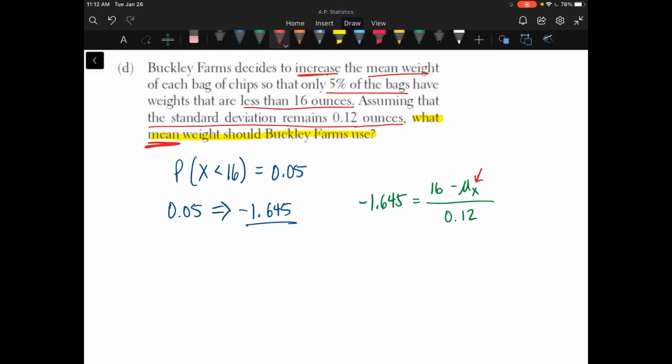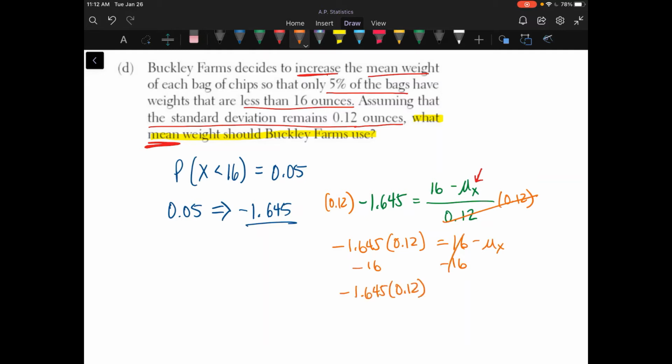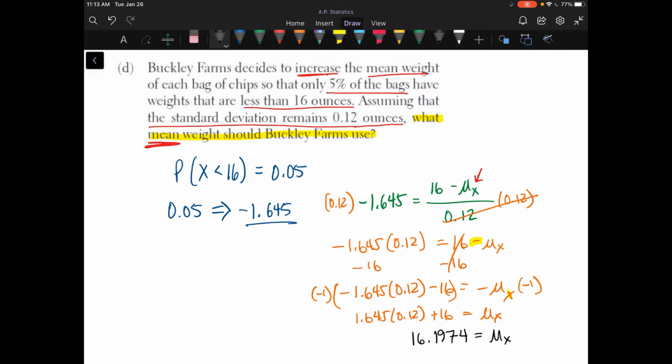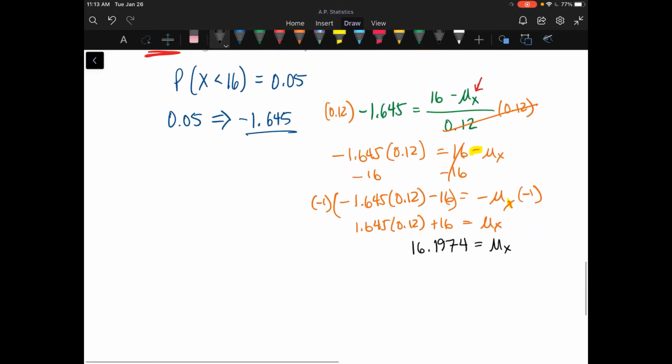So then we solve for mu of x. 16.1974 equals the mean for a bag of chips, so that we'll only have 5% of the bags having weights that are less than 16 ounces.